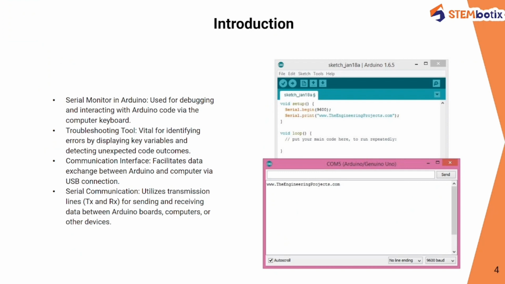There are two serial monitors, right? The first is in Arduino, and the second one is in our Blockzie software. In Arduino, the serial monitor is used for debugging and interfacing with the Arduino code via the computer keyboard. What is debugging?